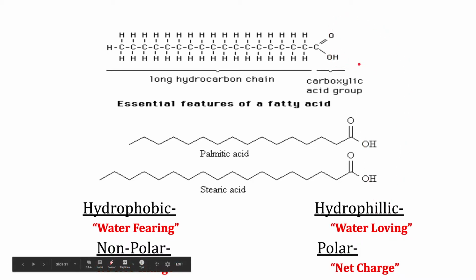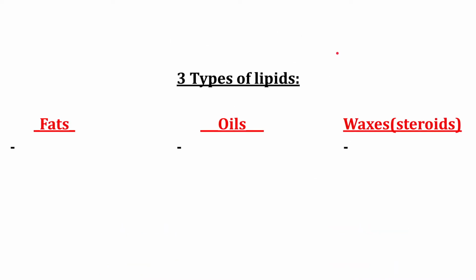And because of that polar nature, that net charge from one end of the molecule to the other, you end up having water-loving characteristics, which we call hydrophilic, that cause this end of the molecule to readily dissolve and interact with water molecules, which is a really distinct chemical characteristic.